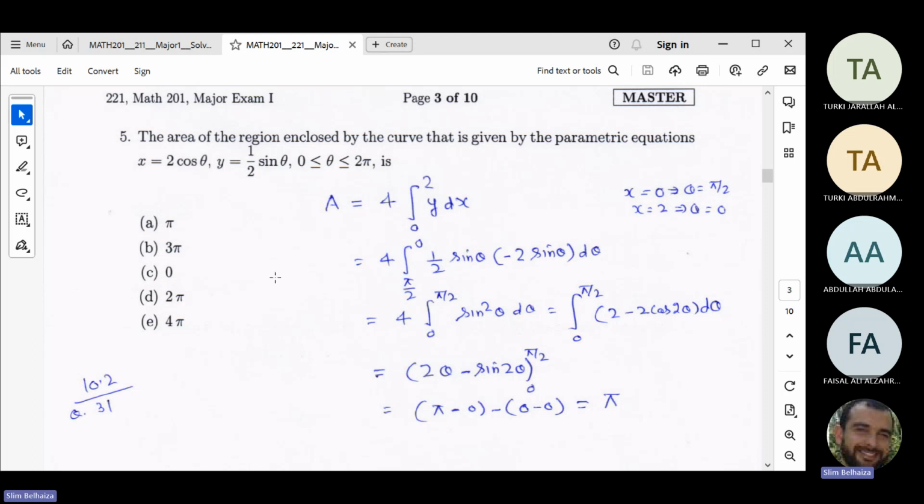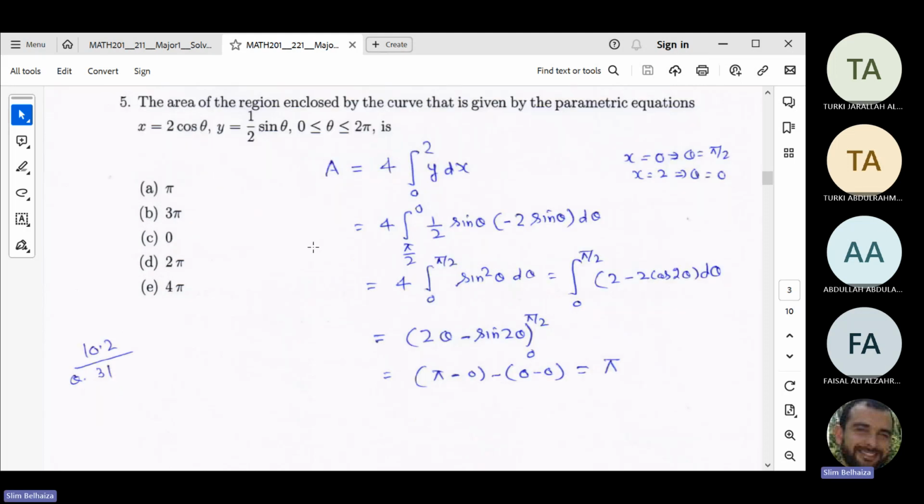Imagine the ellipse goes like this; I'm not able to draw on the board, the whiteboard didn't load. You have an ellipse like this, and we're talking about this part. x goes from 0 to 2, we integrate just y, and that's it. That's basic math 102 stuff.